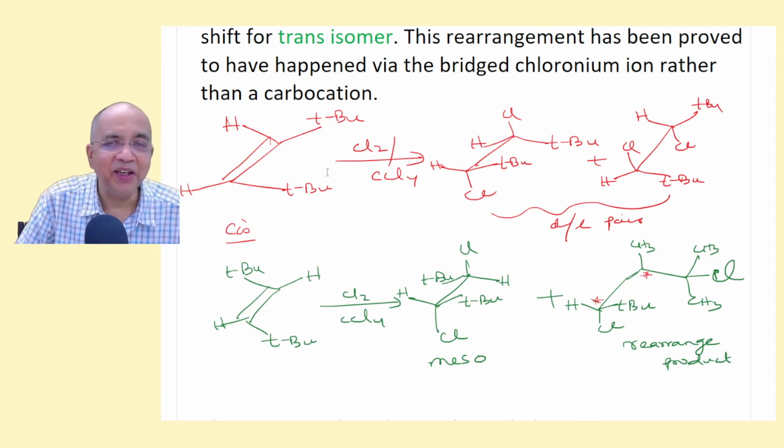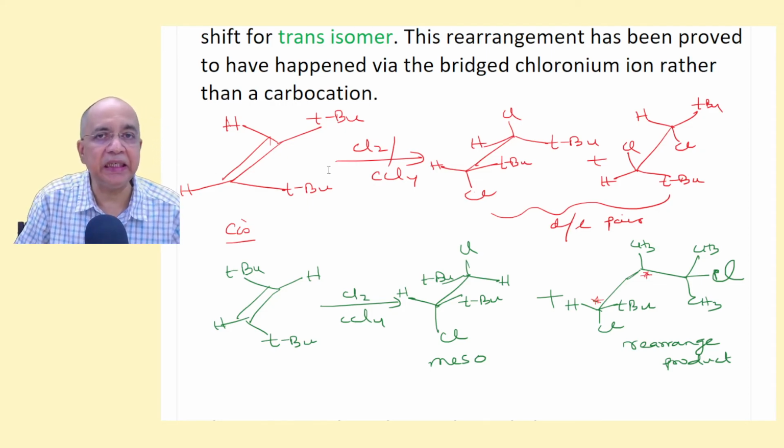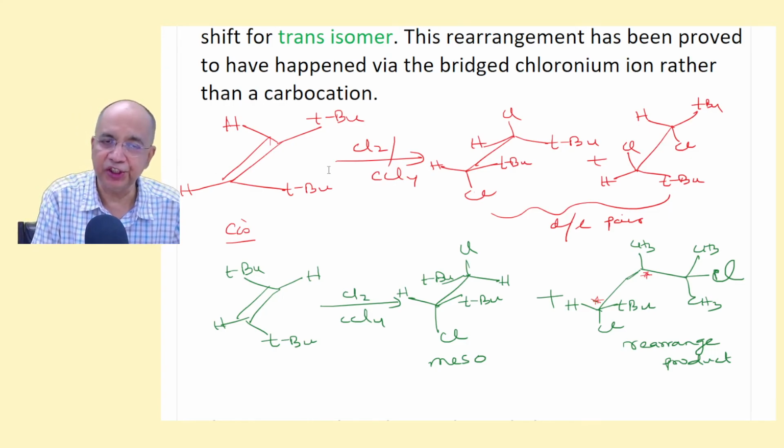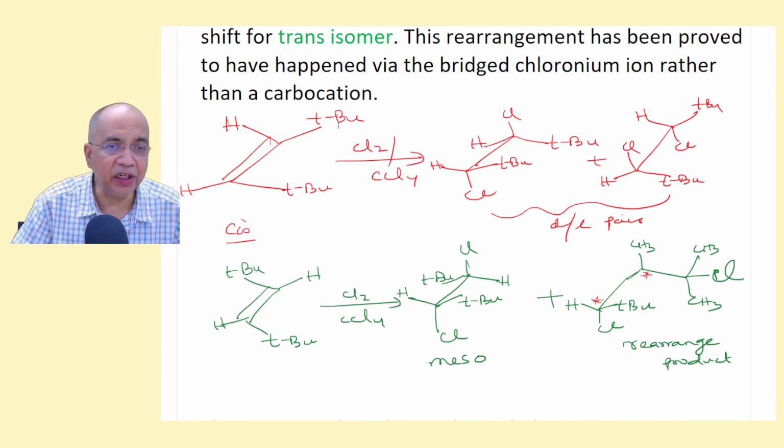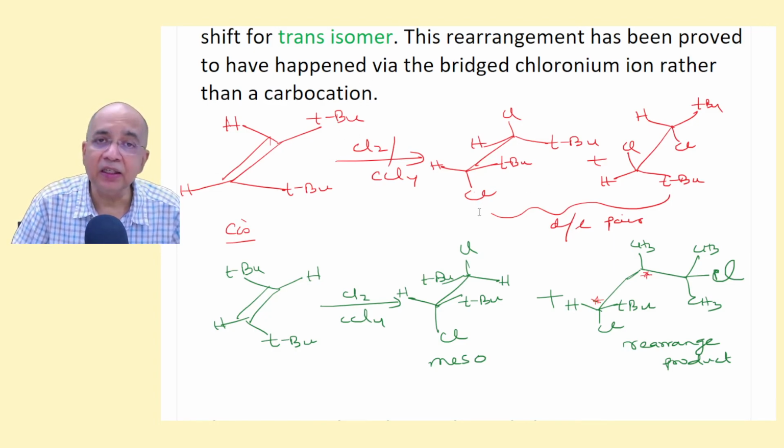But interestingly, if we believe the integrity of the research scholars and professors who have done so meticulously to publish their papers, even in cis with strong steric crowding, stereospecificity is not lost; anti-stereospecificity is there, and you get the DL pair.